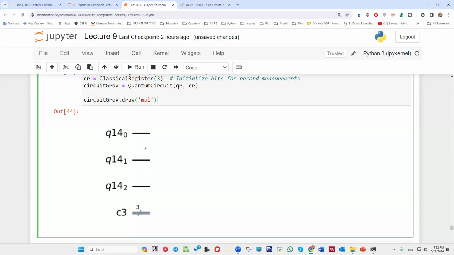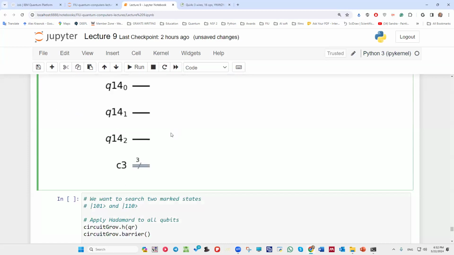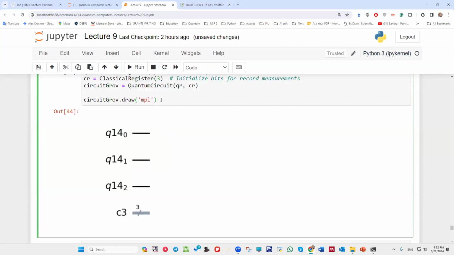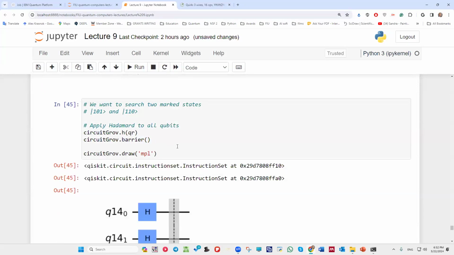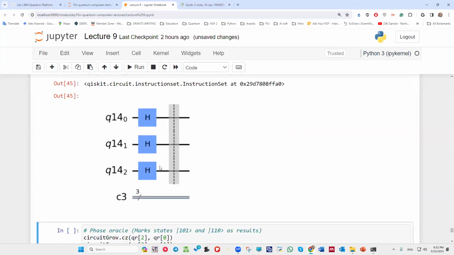This one is less trivial, but at the same time more complex for the analysis. So we create a circuit of 3 qubits and a number of classical registers. We create the perfect balanced superposition state by applying this layer of Hadamard gates.